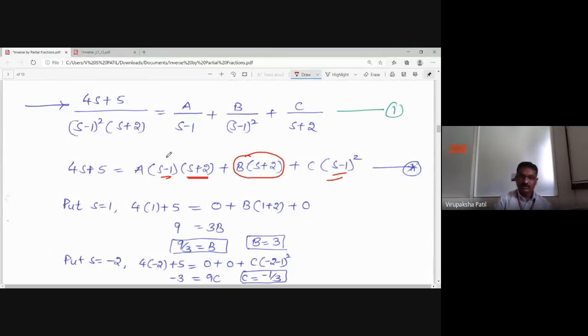So by observing this fact, you can see that by putting s is equal to 1, you can make this 0 directly. That's why we are using that technique here. Put s is equal to 1. If you put s is equal to 1, what will you get? 4s plus 5 is equal to, this becomes 0, then this becomes b into (1 plus 2), and this becomes c into (s minus 1), which is 0.